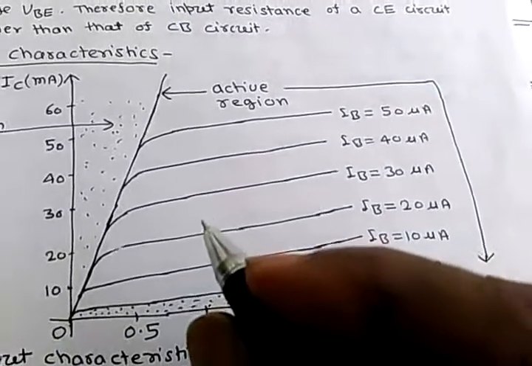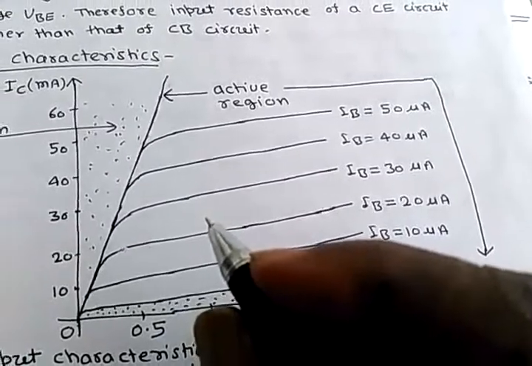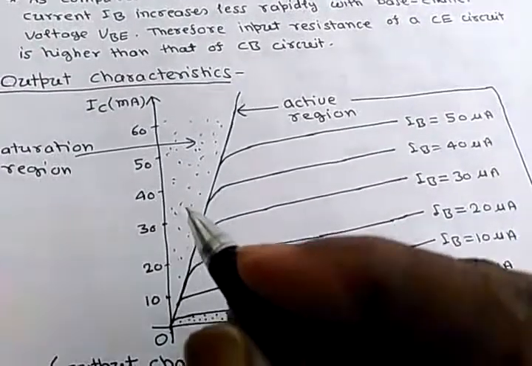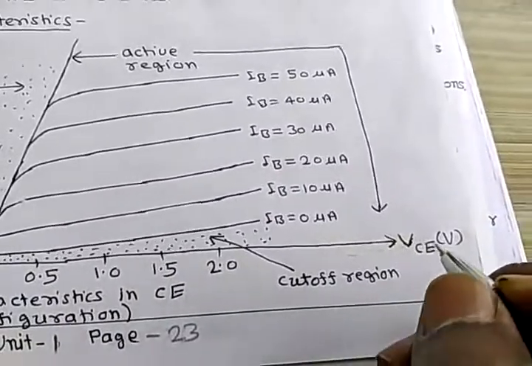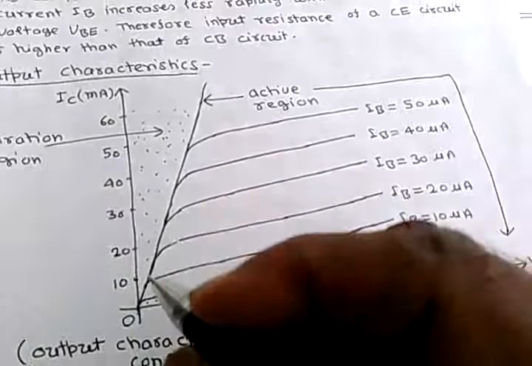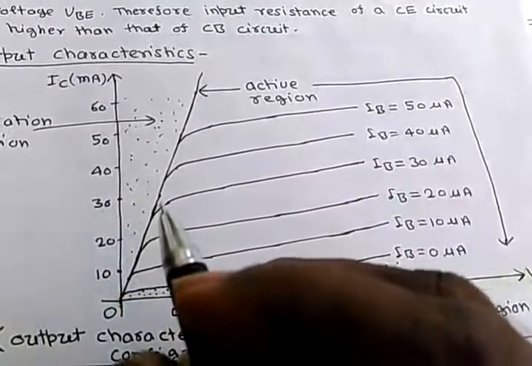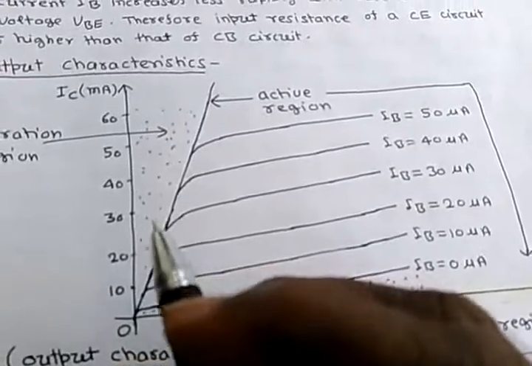So collector current is highly dependent on base current, and in saturation region, small change in collector to emitter voltage creates large change in the collector current. So in saturation region, the output resistance is very less.